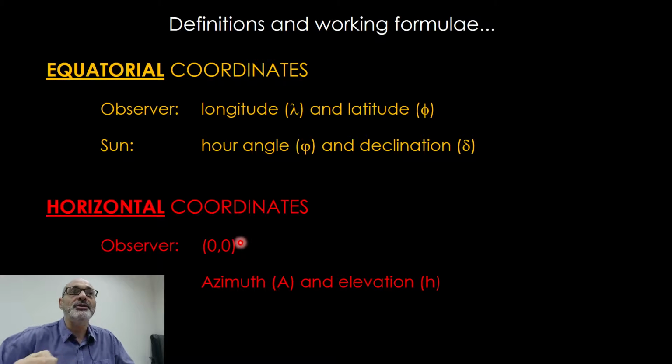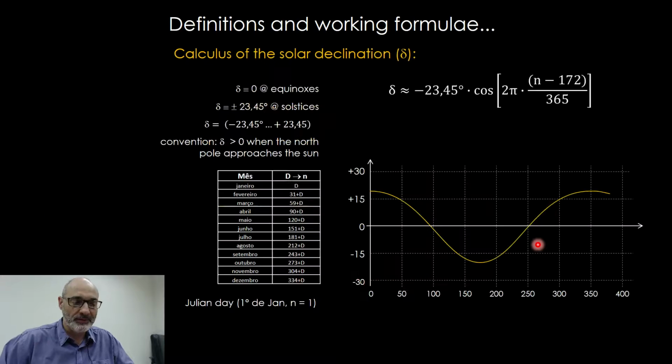In horizontal coordinates, the observer is at 0, 0, on the origin of the system, and the sun is defined in terms of its azimuth, A, and elevation, H, okay? So what we must be able to do is jump from one to the other in order to make all these calculations. Okay, let's start.